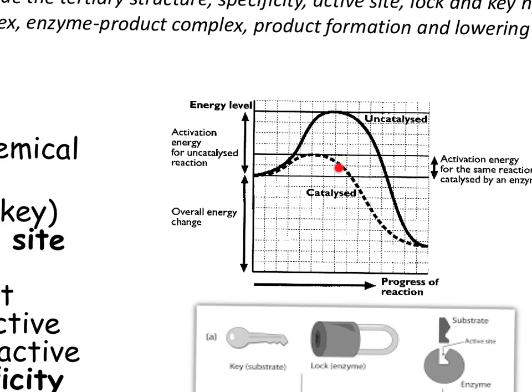Now, this results in lots of collisions between molecules being unsuccessful because the activation energy isn't supplied, and therefore the reaction doesn't happen. If we are able to provide an alternative pathway for the reaction, which has a lower activation energy, there is more likelihood of collisions being successful, and therefore more product will be formed, and we'll get a greater rate of reaction.